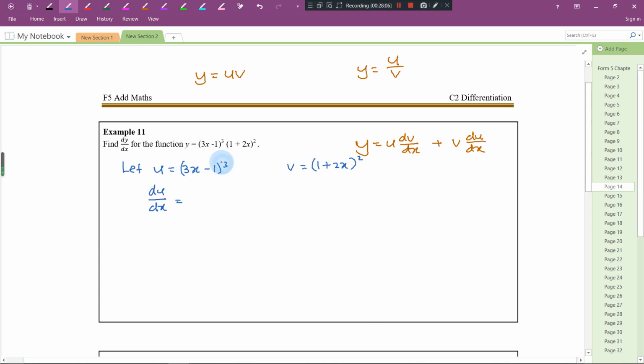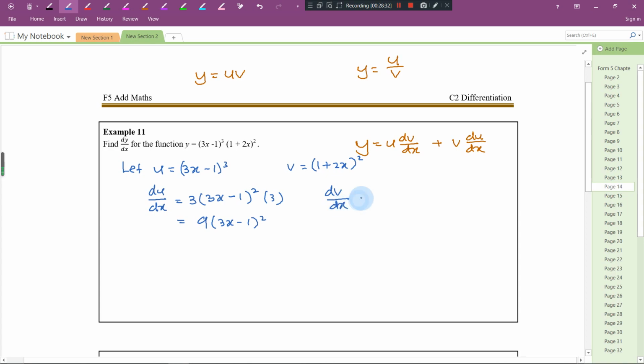Don't touch anything. Then the 3 bring down here. Copy exactly what we see here. Power 3 minus 1, you will get 2. And don't stop. We have to differentiate inside. You will get 3. And here we actually give you 9 (3x minus 1) squared.